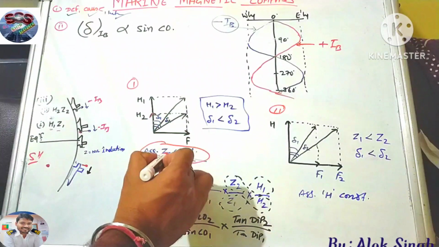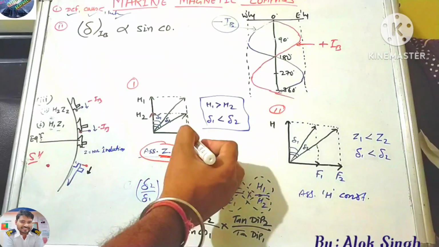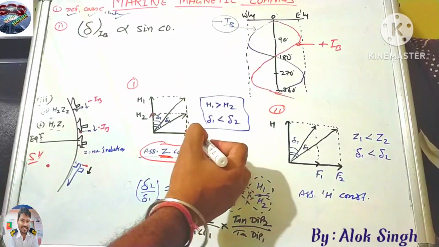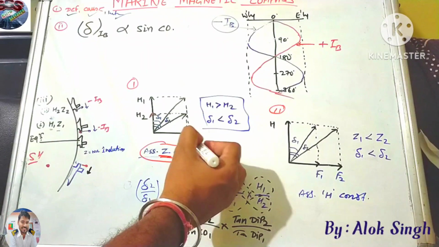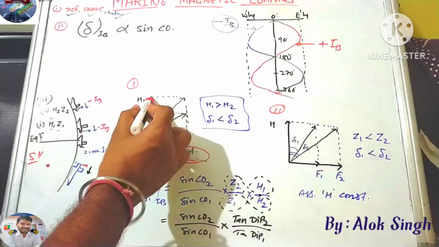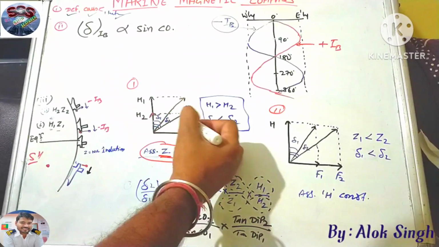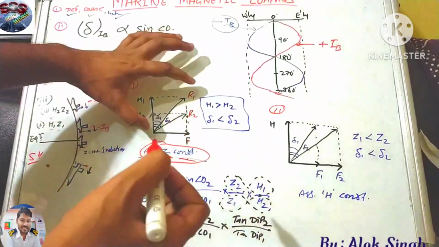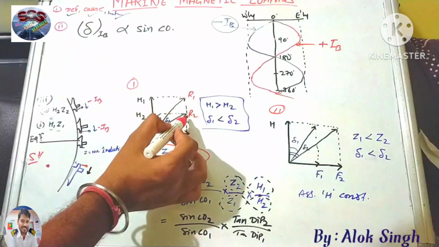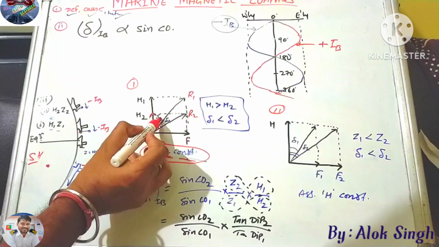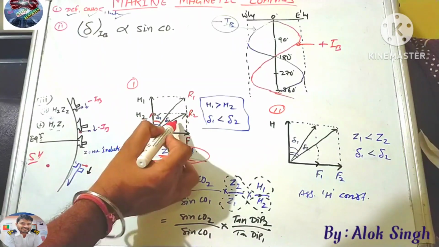Now I have considered Z to be constant, so this force will remain the same for both, so F will be the same for both H1 and H2. Because of these two forces H and F, we get the resultants R1 and R2. The first resultant is here, the second one is here. Because of this, this is the deviation which I have written as H1, and this is the deviation which I have written as H2.